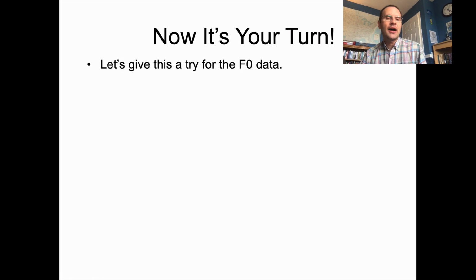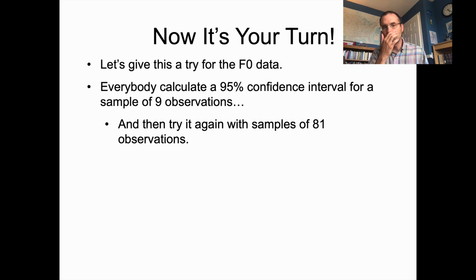I want to give this a try for the F0 data that we've looked at before. Normally when I do this in class, I have everybody calculate a confidence interval. The reason I do that is because everybody's confidence interval will or will not include the population mean. We state what the population mean is before we run through the demo, and then we find out whether your confidence interval includes the population mean or not.